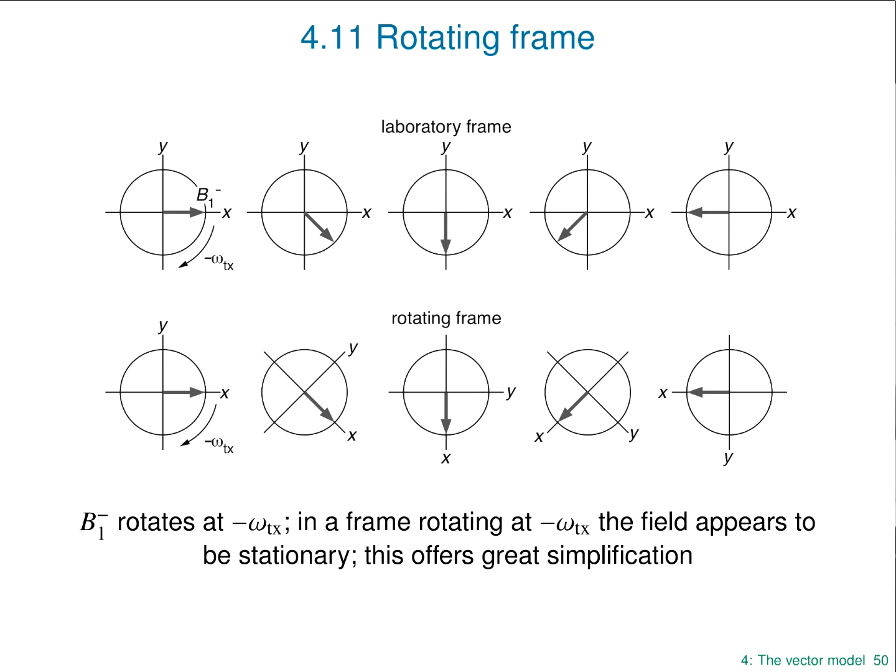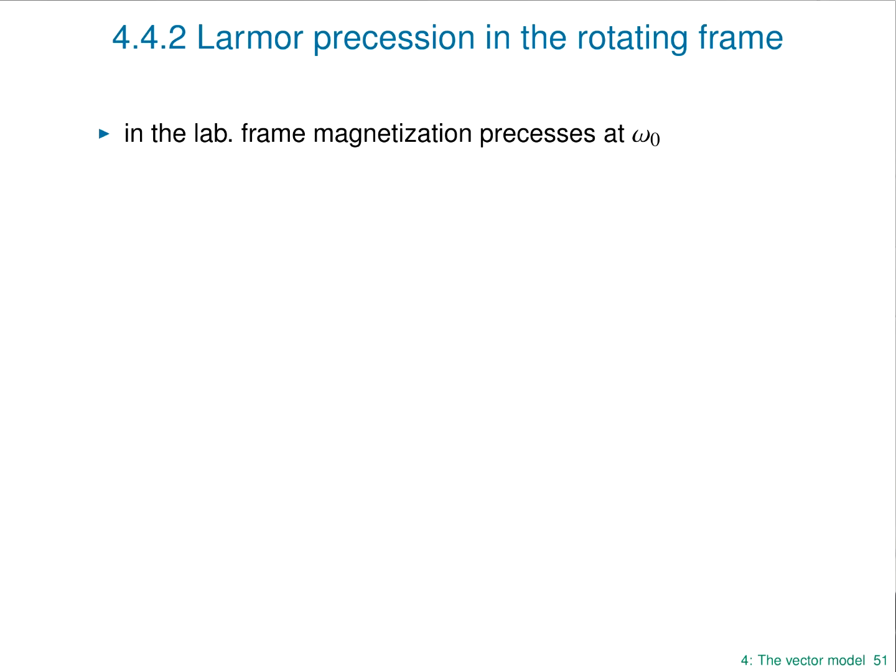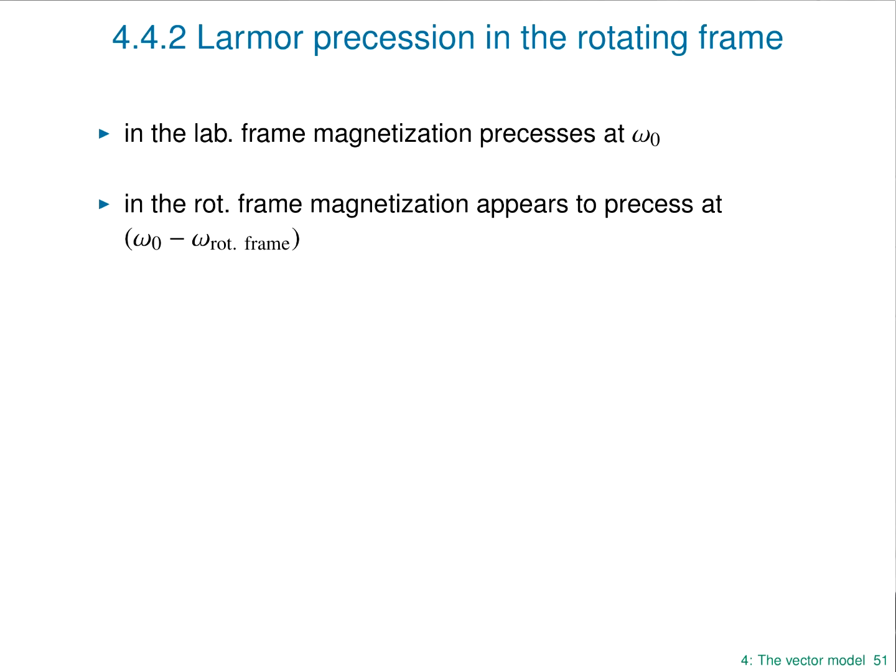Now, you need to put all of that to one side for a moment, and start thinking about the Larmor precession again. In the normal frame, in the lab frame, the Larmor precession goes at the Larmor frequency omega naught. So this thing is going round and round and round like this. But if we go to the rotating frame, that is going around as well.